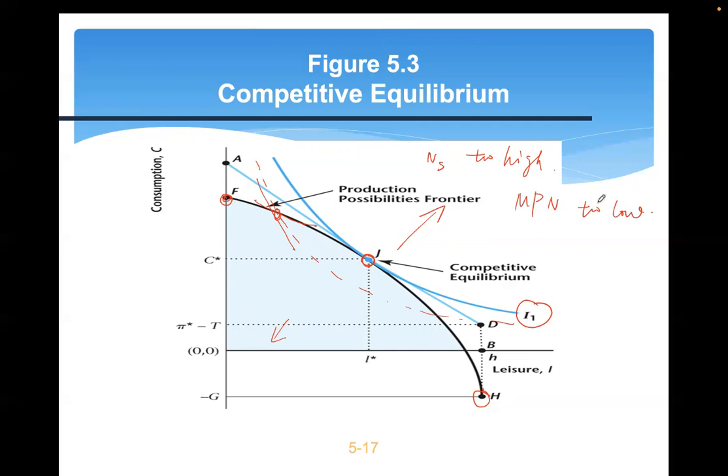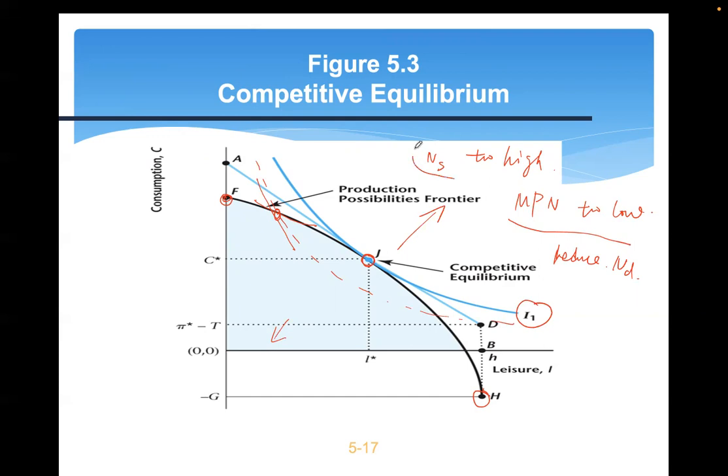Both sides have an incentive to change. From the firm side, the marginal productivity of labor is too low, so they don't want to hire, or they want to reduce labor demand, so they make more profit.